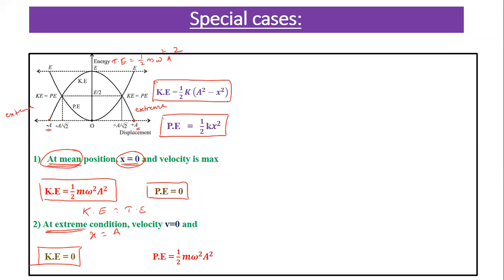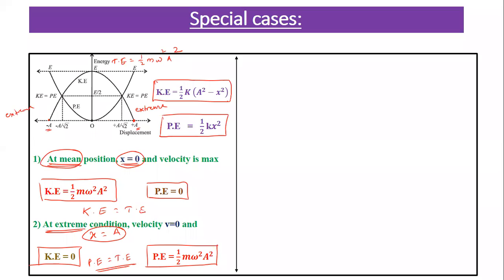And in the potential energy formula, if we substitute x is equal to a, then we get potential energy is equal to 1 by 2 m omega square a square. Or instead of m omega square, we can write k also. We get the formulas for kinetic energy and potential energy at extreme. Now here we can write that at extreme, potential energy and total energy both are the same. That you remember.